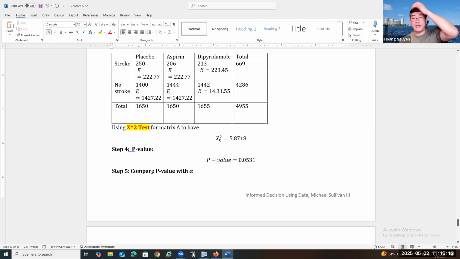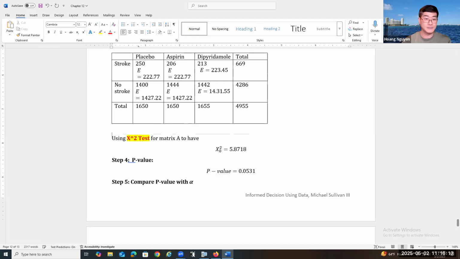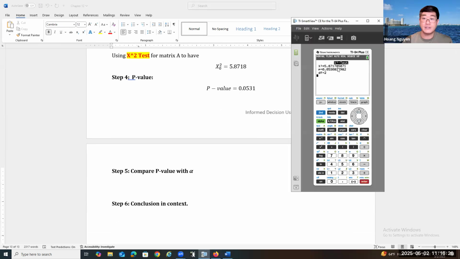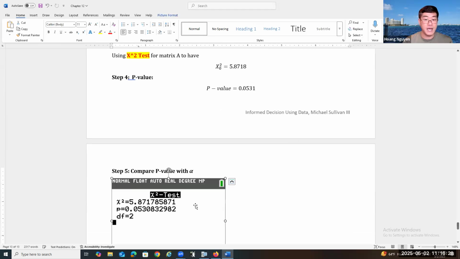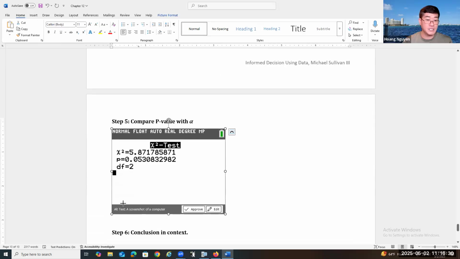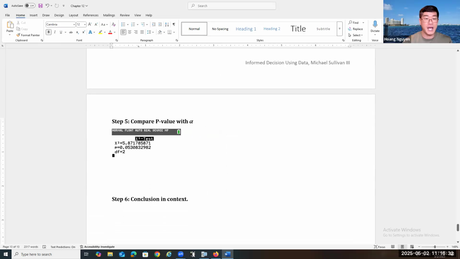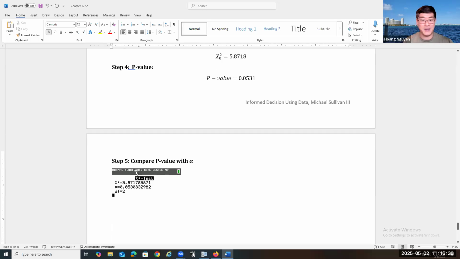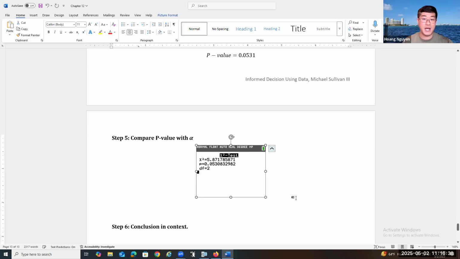Okay, so now we are ready to compare the p-value and alpha, right? Let me drag the output right there so we can have the answer for you guys to compare later, just in case. So this is the output that we have from the chi-square test.